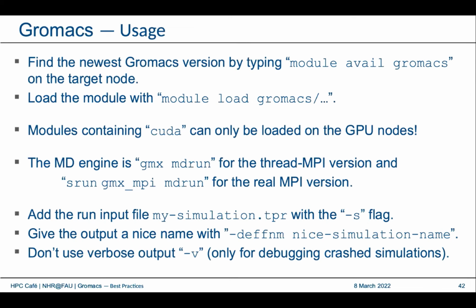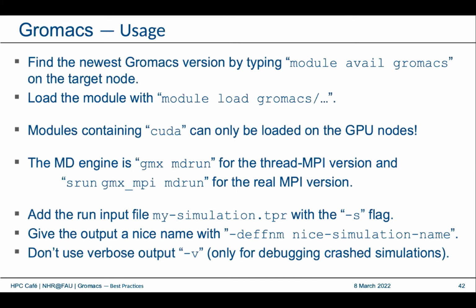You can find the new Gromacs version by logging onto our front nodes, obviously, and then typing module avail Gromacs, and then you will find a list of all the modules we have available. You can load the modules with module load, and then copy the name of the module.